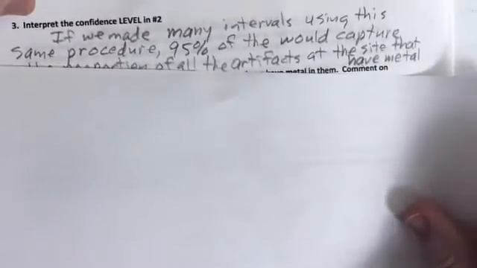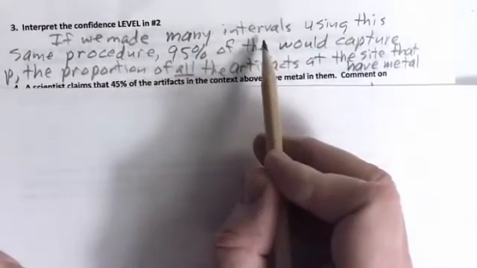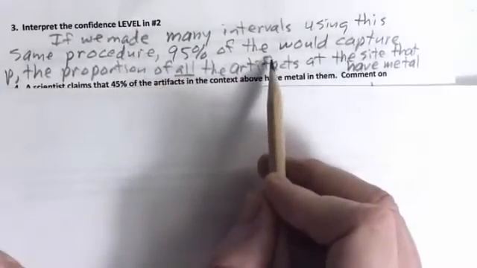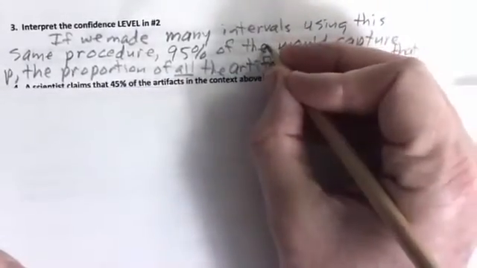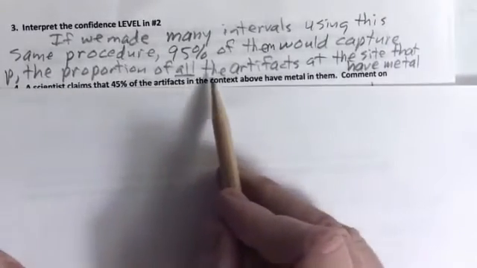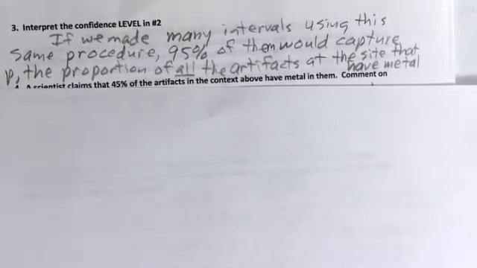But interpreting the confidence level means this: if we made many intervals using the same procedure, 95% of them would capture P, the proportion of all the artifacts at the site that have metal. Okay. So that is properly interpreting the confidence level in context.